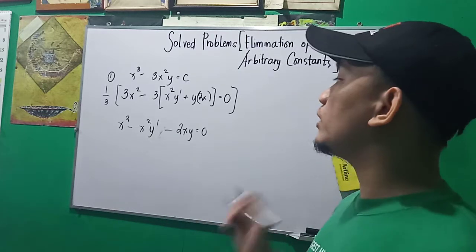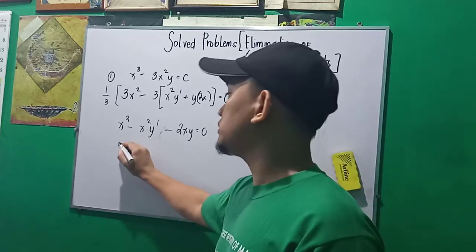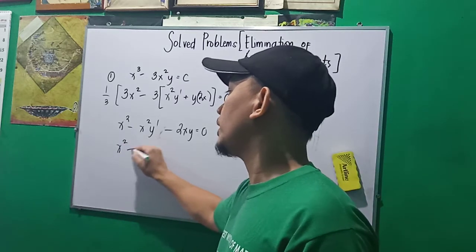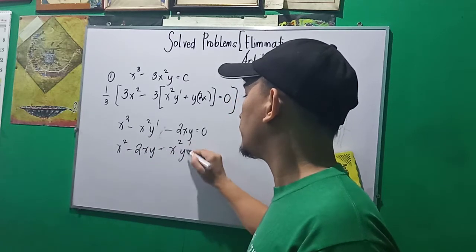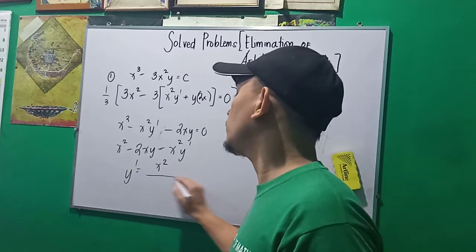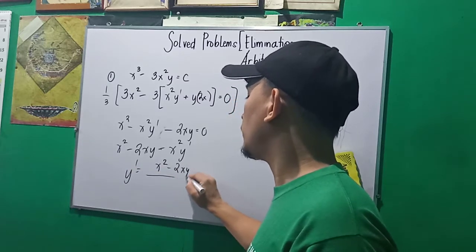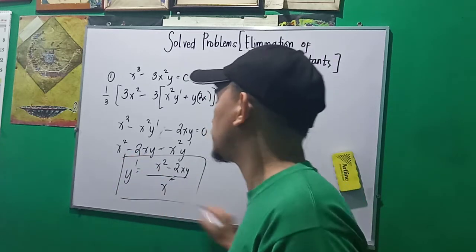O kaya naman, kung ang hinahanap kasi talaga natin is yung y prime, ganito yung mangyayari dyan. So, x squared minus 2xy equals x squared y prime. Therefore, y prime is equal to x squared minus 2xy all over x squared. So, yun na yung magiging final answer natin.